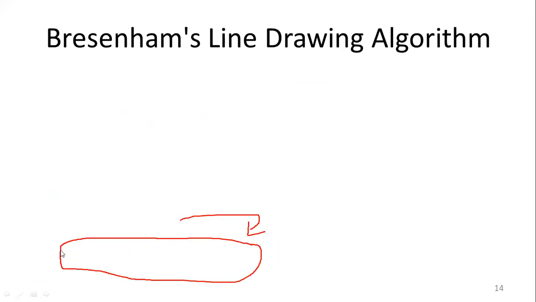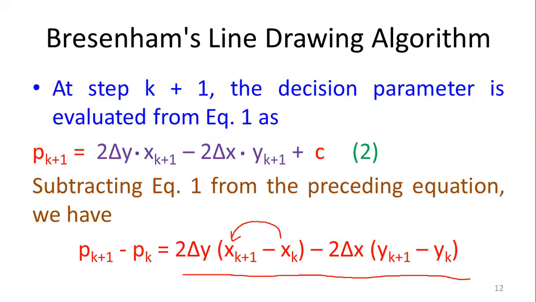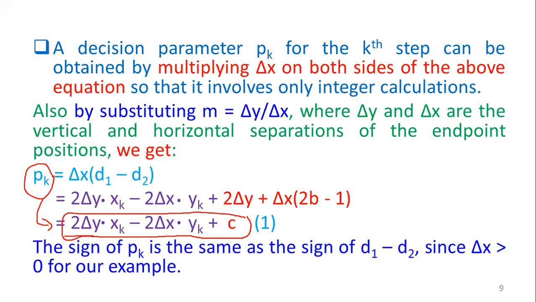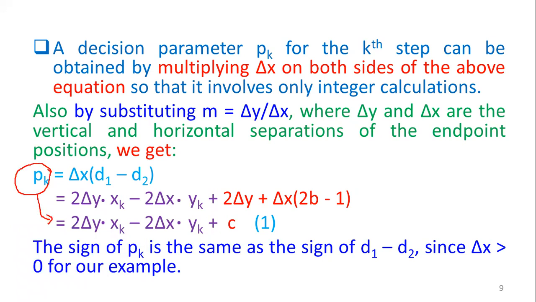Okay, now coming back to this location. What is pk? We know that pk is 2 delta y into xk minus 2 delta x into yk plus c. Then what is p0? Instead of k, you substitute 0.